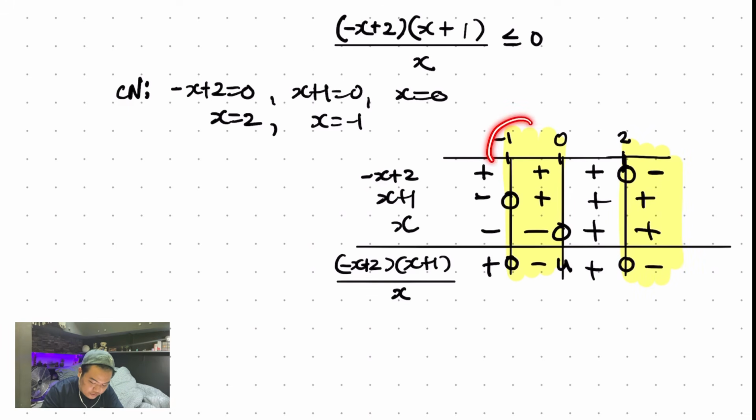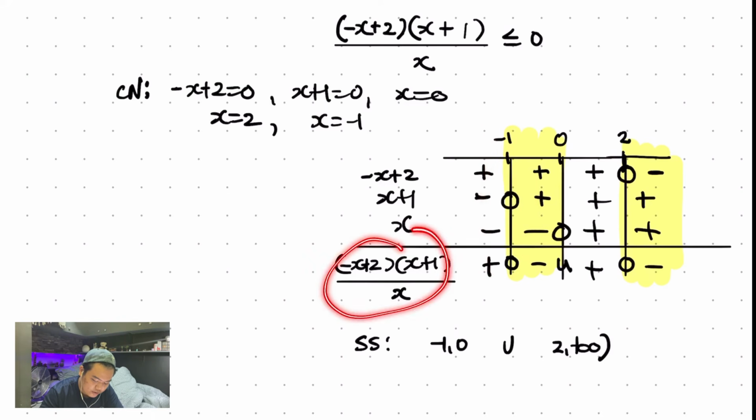Negative 1 to 0, union, 2 to infinity. Mamaya na natin lagyan ng mga parenthesis. Although, pag infinity, parenthesis naman. Okay, si negative 1, kasali ba? Negative 1, anong value ng expression mo doon? 0. Gusto mo, less than or equal to 0.